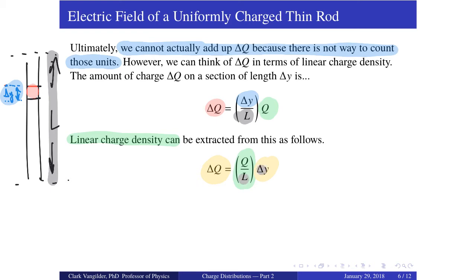I can measure that length. I can measure total charge on the rod, but I can't measure a little piece of charge on any object. We don't have that toy. So we have to work our way around that mathematically. Plus, then the calculus of it, for those who care, you have to do it along a length. You have to do it along a quantity that's integrable, differentiable, if you will.